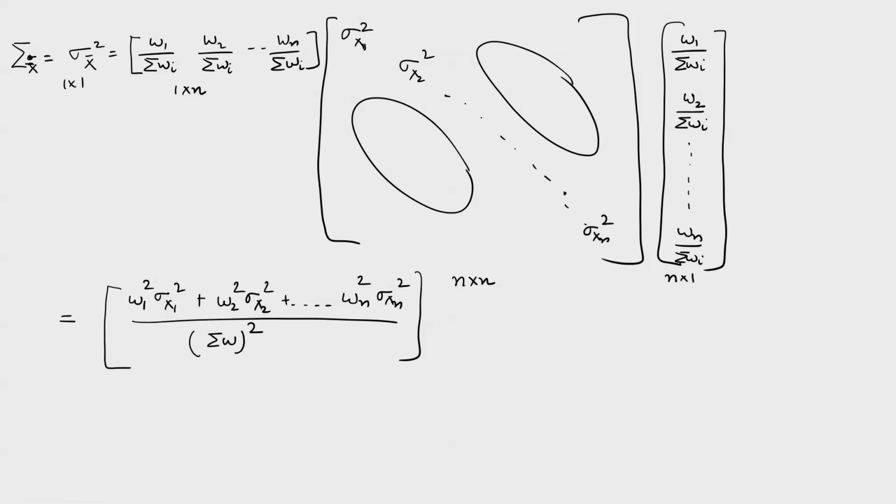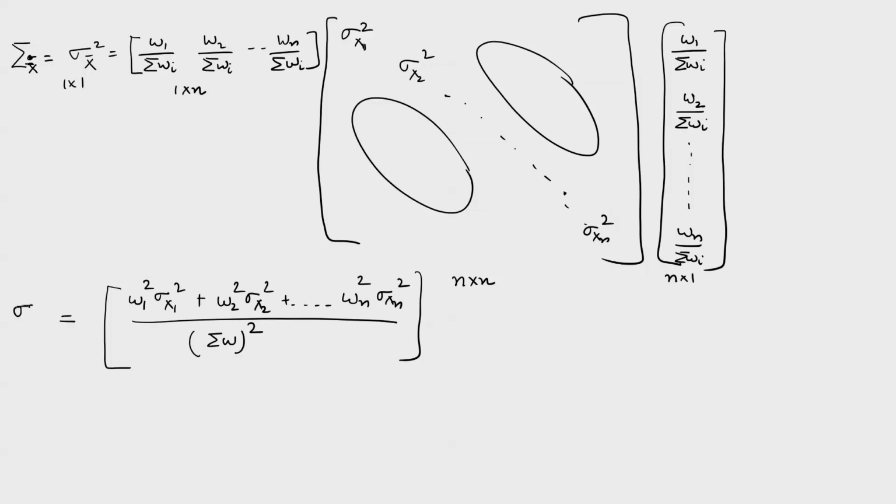That is why I am writing first in brackets sigma w and the square of the whole quantity. It is not W1 square plus W2 square, no, first we make W1 plus W2 and so on, the complete series, and then the square of that number. So, it is called sigma w whole square, right. So, you get the value of sigma x bar square. That is called the error of the weighted mean. Let us check whether this result is correct or not. How can you check it? The check is very easy.